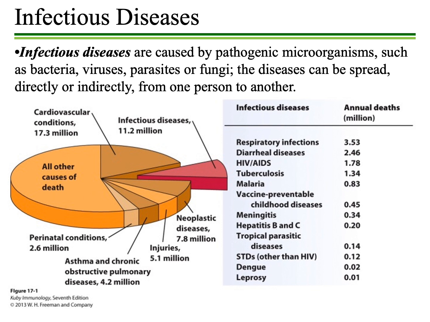Infectious diseases are caused by pathogenic microorganisms, and the diseases can be spread directly or indirectly from person to person. In this particular figure on the left-hand side, what you are looking at is the number of deaths due to specific causes. And what you can see highlighted is the piece of the pie referring to infectious disease.